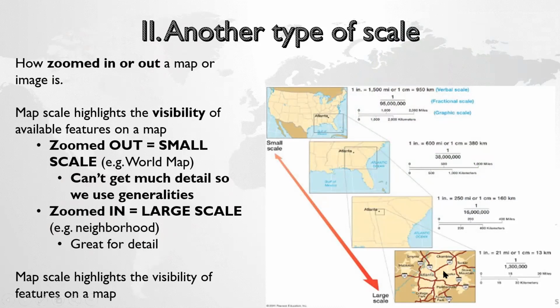If we're looking at a map of, say, the city of Atlanta, with its different highways, that would be a large scale map because we're zoomed in, and so we have greater detail. So map scale, in this case, highlights the visibility of features on a map. Important to know.